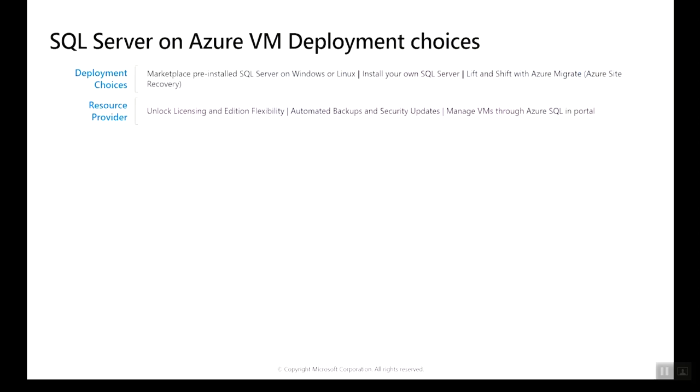SQL Server on an Azure virtual machine might benefit you because you've got greater access to licensing and additional flexibility in the cloud. Some of the backups can be automated and you can apply security updates to your databases as well. You can also manage your SQL servers through the Azure virtual machine as long as you can connect to your virtual machines.